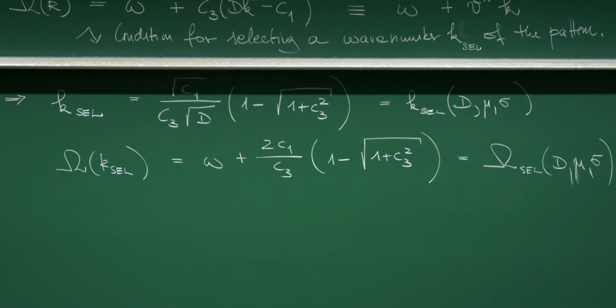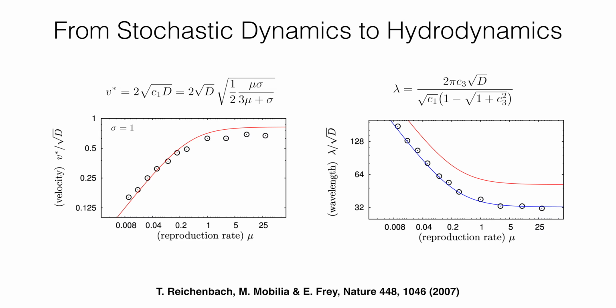Okay. Now let's compare again with what is found from the numerical simulations. Here you see the data points from the stochastic simulation that Tobias did at that time.